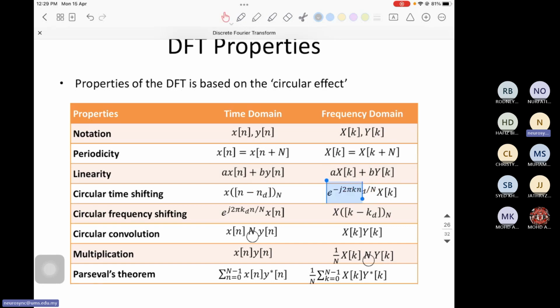This is circular time shifting. So in DFT basically we are having a circular effect here.